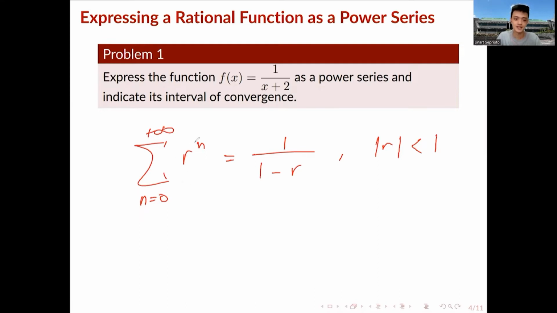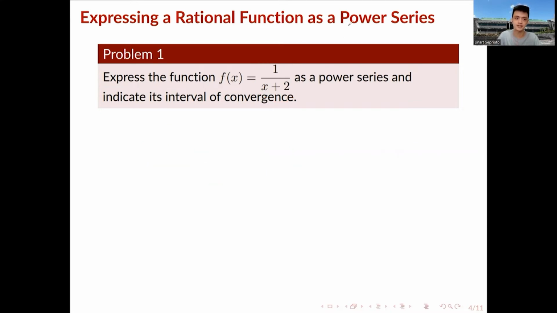Whenever you have this series, this r is the same r here. So whenever you have this series here, you can express it in terms of this function here, or you can go the other way around. That's exactly what we're going to do here. We want to express this in the form 1 over 1 minus r so that we can express the function as a series, and eventually this will become a power series.